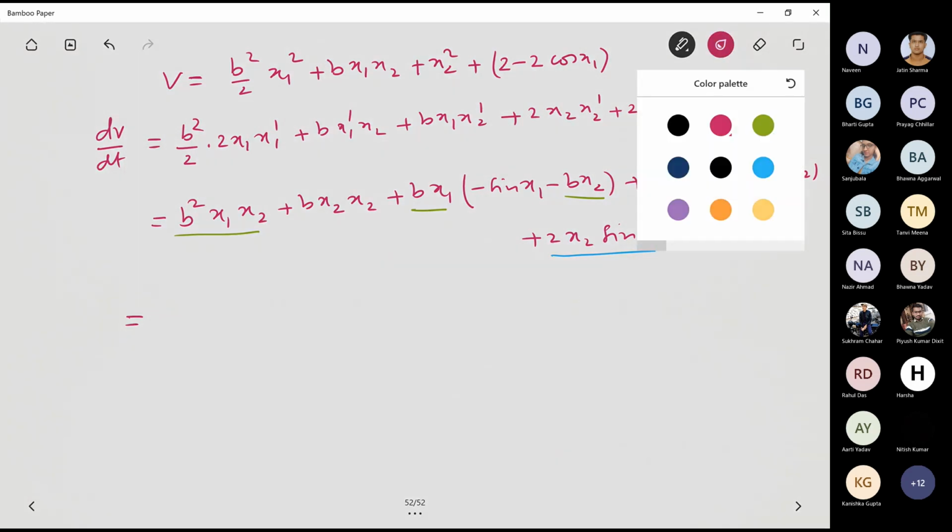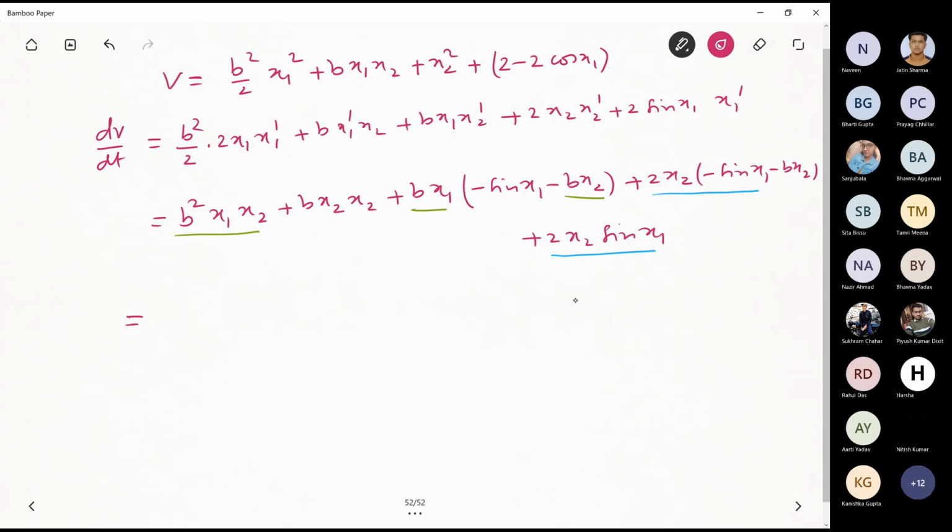Therefore what is left here is b x2 square, this term, and minus b x1 sin x1, this term, and the next one is minus 2b x2 square.